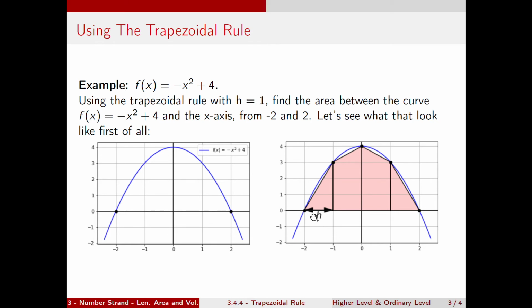So h can easily be a half, h could easily be 2. In this case, h is 1. So essentially it comes down to finding the area of these 4 shaded regions.